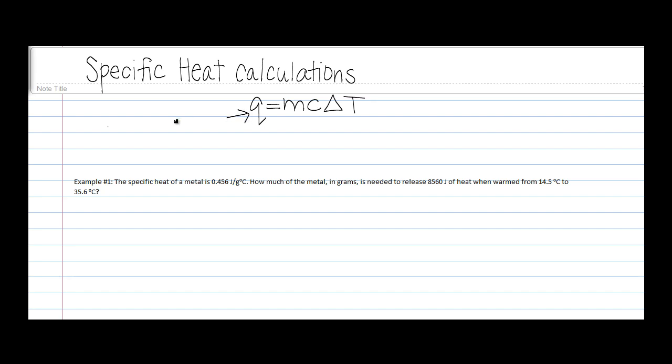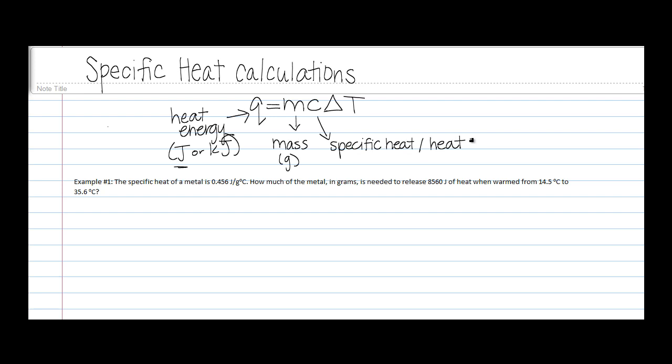So Q stands for heat energy, and we measure heat energy in joules or kilojoules. Most likely you're going to be seeing joules. M stands for mass, and we measure mass in grams. C stands for specific heat, or it could say heat capacity.